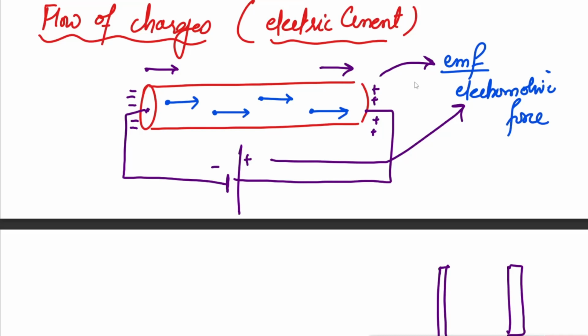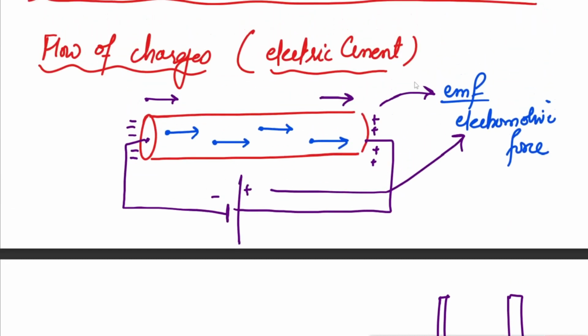Okay, so when the electrons are moving in a certain direction, let's say there is a certain cross-sectional area through which the electrons are moving, in a certain time t.